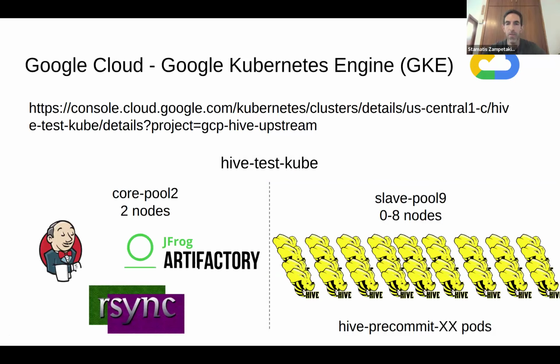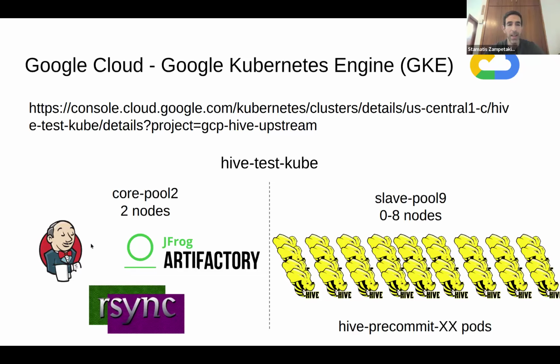Are there questions so far before I go a bit more into what is running in each pool? Okay. So we have the core pool, which has 2 nodes, and each node has 2 CPUs. There we are running the Jenkins service, the JFrog Artifactory, and the Rsync, because these are always on.